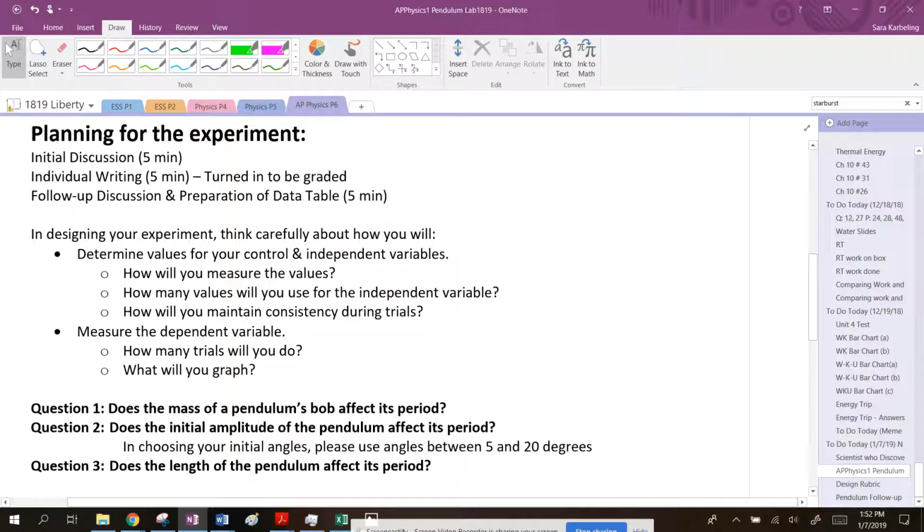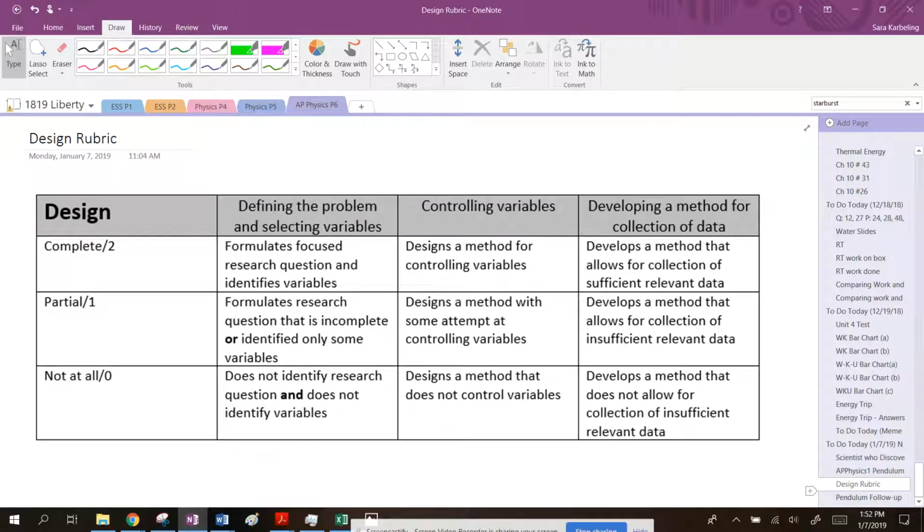And I will post this up here. The reason I'm telling you this now is so that your conversation is productive. I want you to write down how you're going to define and select the variables, how you're going to control variables, and how you're going to collect your data. Does that make sense? Then I'm going to have a few minutes of quiet time for you to write, and then we're going to implement. But you don't need to get that stuff out yet because we've got to figure out a couple more things first.